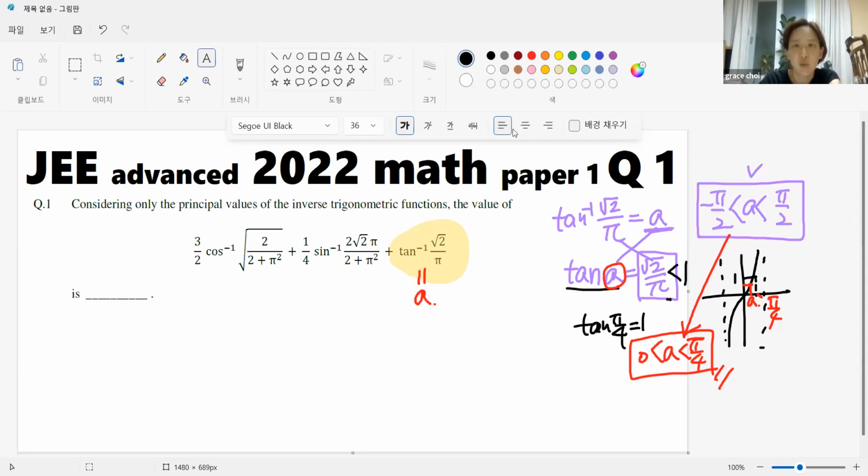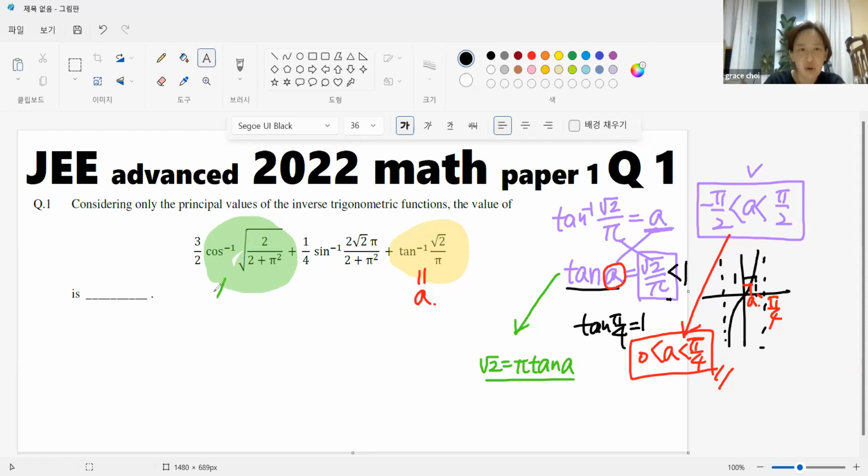Okay, what about the next one? Oh, the complex one, the green one. Now we have square root 2 is equal to pi tangent A. So I want to change that complicated one into something more related to A. That's my goal.